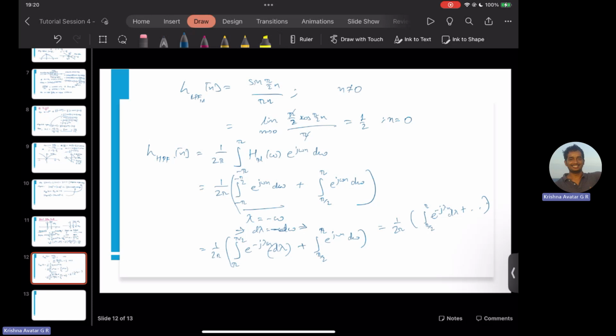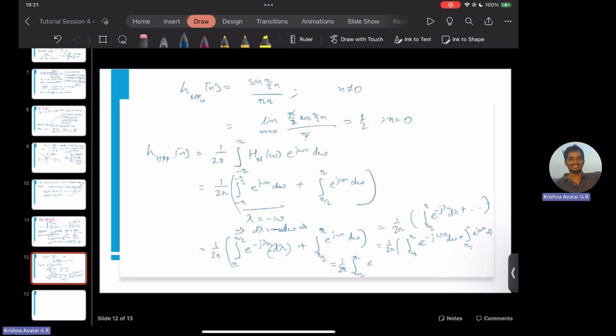And you know that lambda is a dummy variable, so you can just write it as pi by 2 to pi, e to the power minus j omega n, so you have d omega again. And likewise, you have pi by 2 to pi, e to the power j omega n d omega. Now what you can do is bring both these terms into one single integral from pi by 2 to pi.